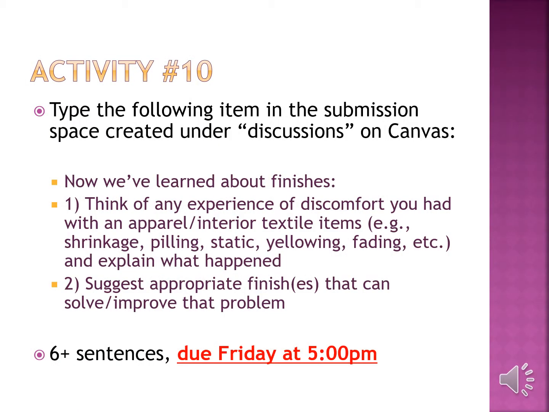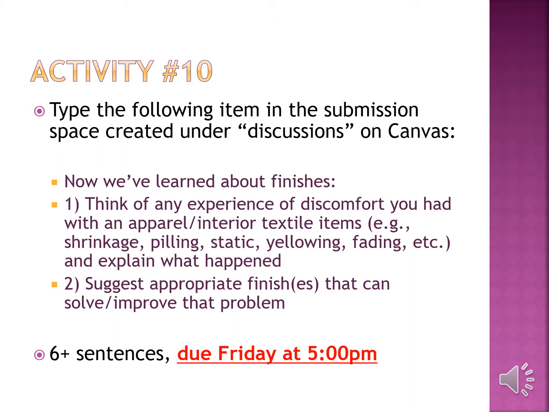So for activity 10, we're going to be working with the finishes that we've just learned about. For this assignment, what I'd like you to do is think of an experience where you've had some kind of discomfort. It could be with apparel or an interior textile, could be a backpack, and that discomfort could be anything from something that shrank to something that might have pilled or had static, yellowing, fading, or anything else that might have caused you some kind of discomfort.